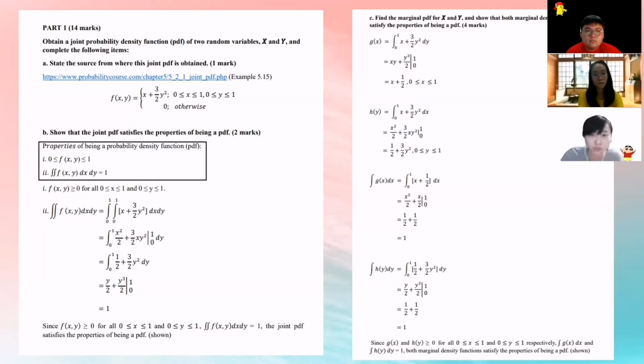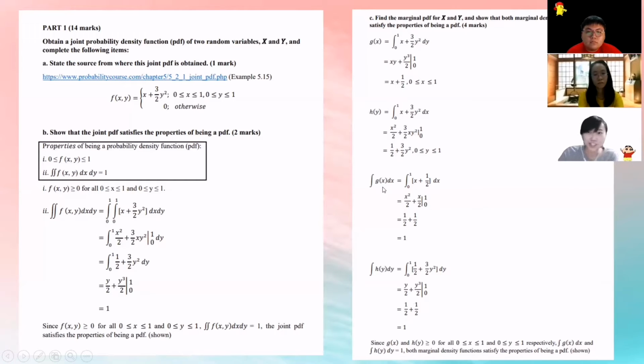So in order to show that both marginal functions satisfy the properties of being a PDF, we have to show that when we integrate the marginal function of x with respect to x, we get 1, and also when we integrate the marginal function of y with respect to y, we get 1 also.